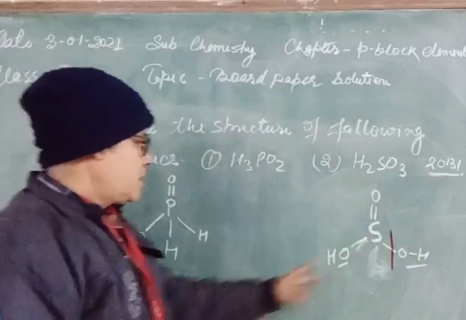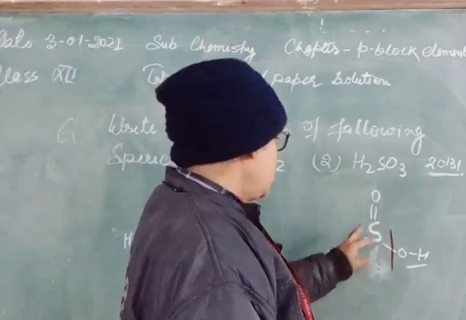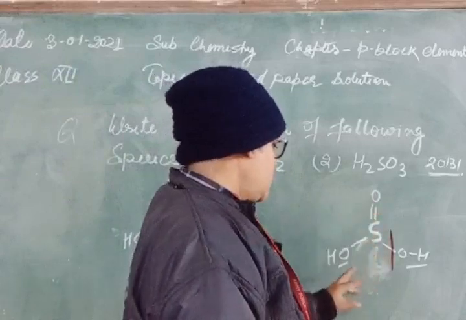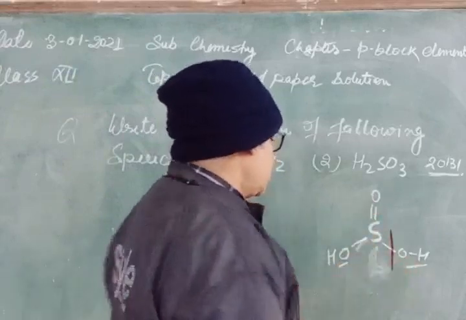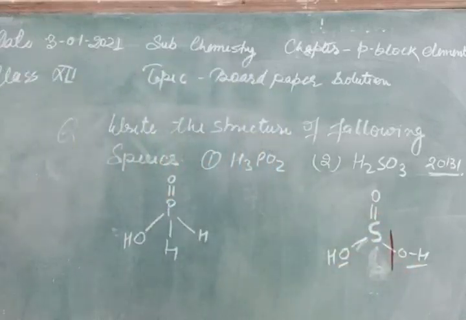As you know, sulfur has 6 electrons in valence, 2 shared with this oxygen and 1 with each OH. This way its octet is completed.